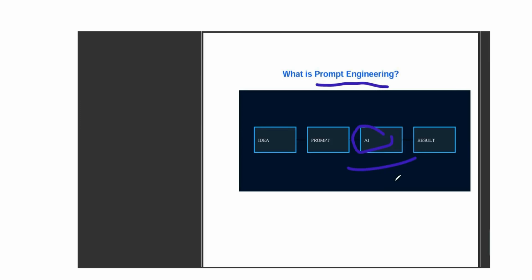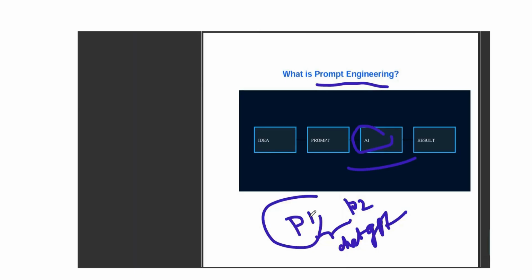But here is the interesting part: two people can use the same AI tool. Person 1 and person 2 use the same tool, like ChatGPT. One person gets a perfect answer, and the other person gets a completely average answer.